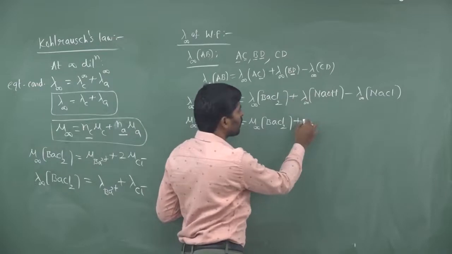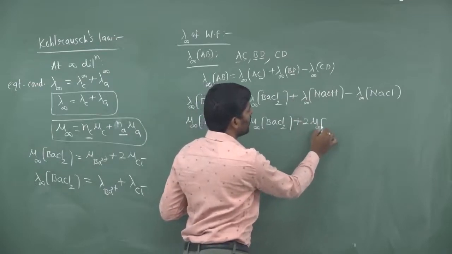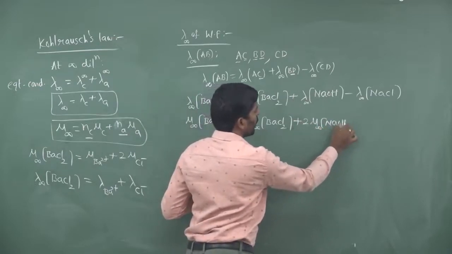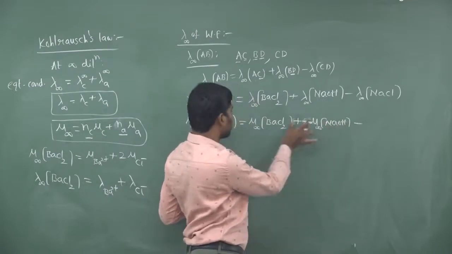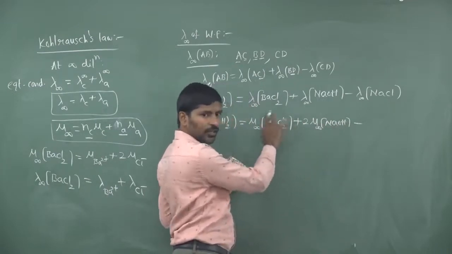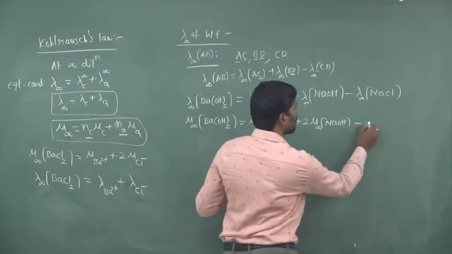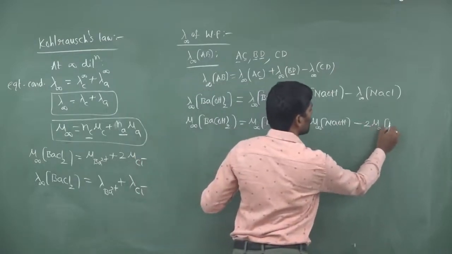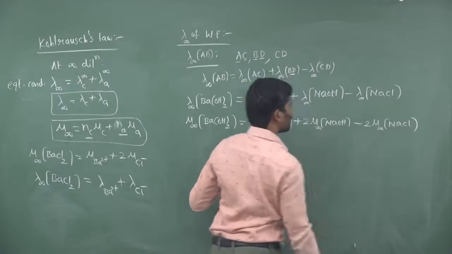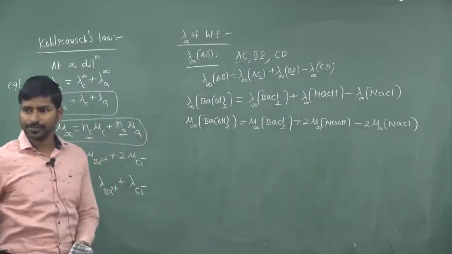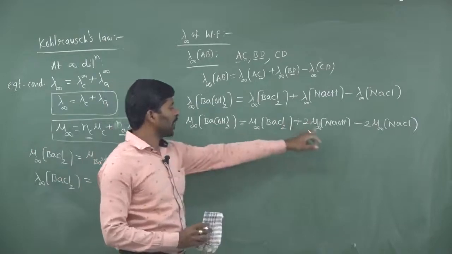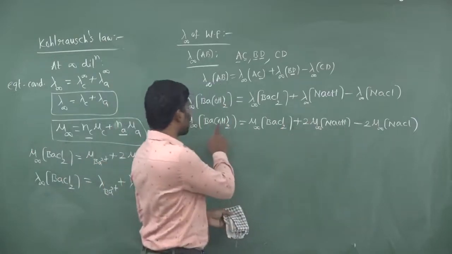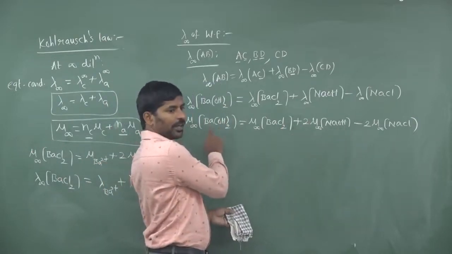Only 1 mole. So therefore, 2 into mu infinity of NaOH. How many sodium ions are we getting extra? 2 sodium ions. How many chloride ions are we getting extra? 2 chloride ions. So therefore, we have to subtract 2 moles of NaCl. So like this we have to calculate. We have to take the number of moles according to our required electrolyte.